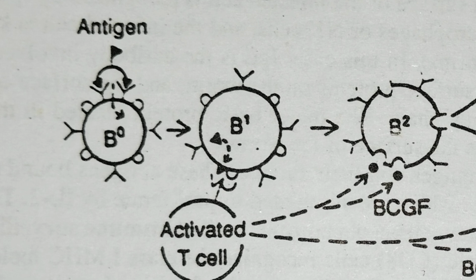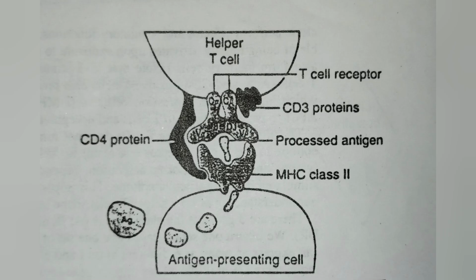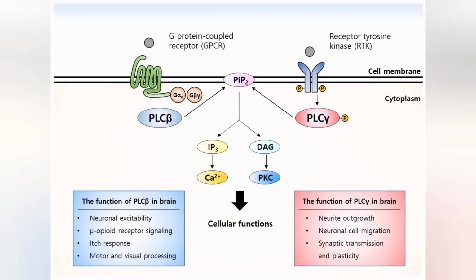Now the B cell is also presenting the antigens, and it will take those antigens towards the T cells and activate them. When the antigen presented on the APCs along with the MHC interacts with the T cell, the T cell is activated. In our previous video we talked about the CD3 molecule being involved in a signal transduction pathway. When the T cell is activated, a signal is transmitted, and a series of enzymes called phosphokinases is activated.